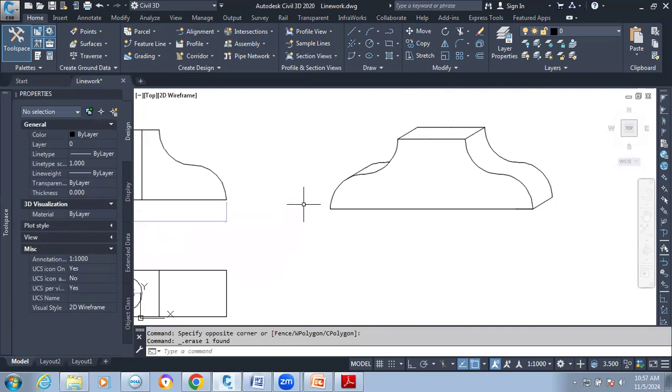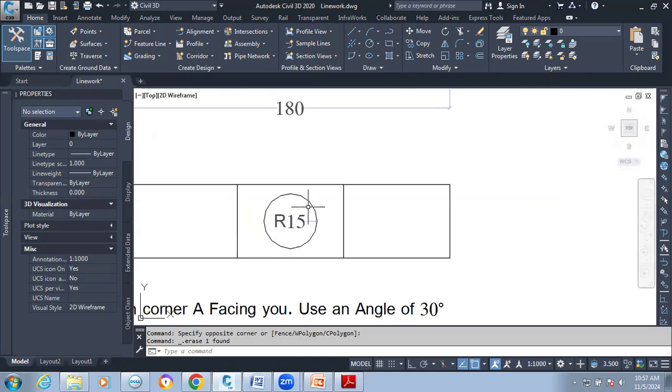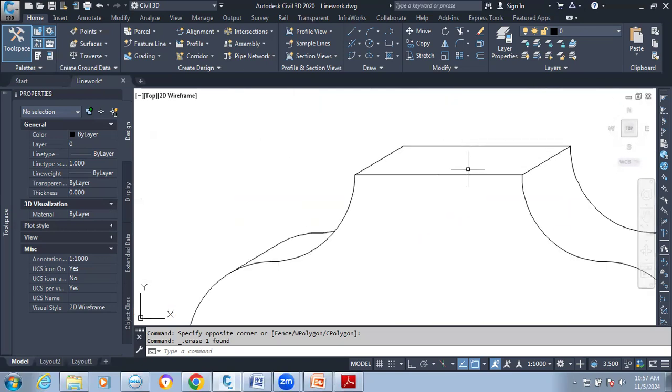So, are you okay with this so far? I'm moving on. The one circle I'm missing is this one, radius 15, at the top here. I'll draw this line to help me find my center. From the center, you go out 15.